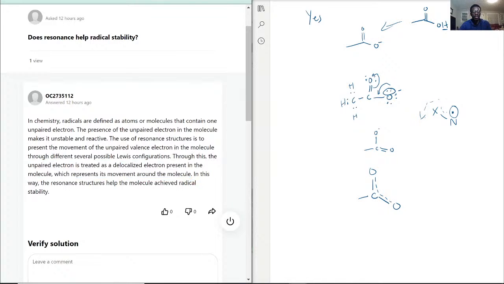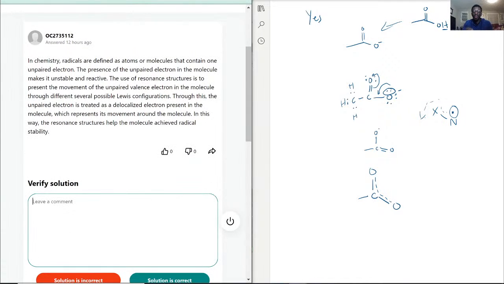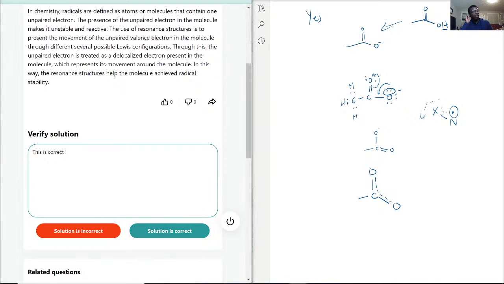In this way, the resonance structure helps a molecule achieve radical stability because the electron is allowed to move.